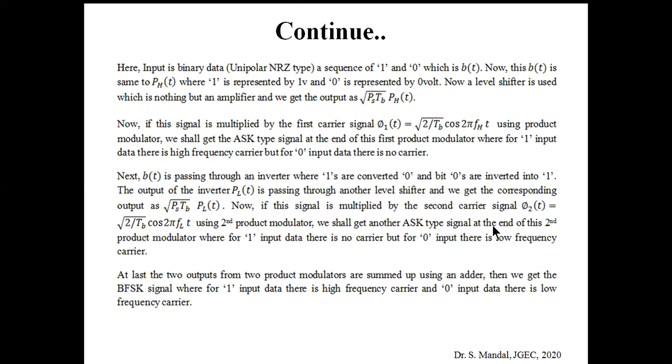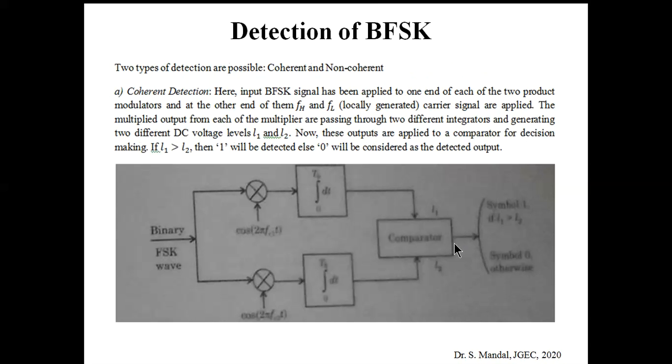But this ASK signal has different characteristics. For input data 0 there will be a low frequency carrier, and for 1 there will be no carrier. So if you add them, ultimately you get the BFSK. I think the generation of the BFSK is clearer to you.